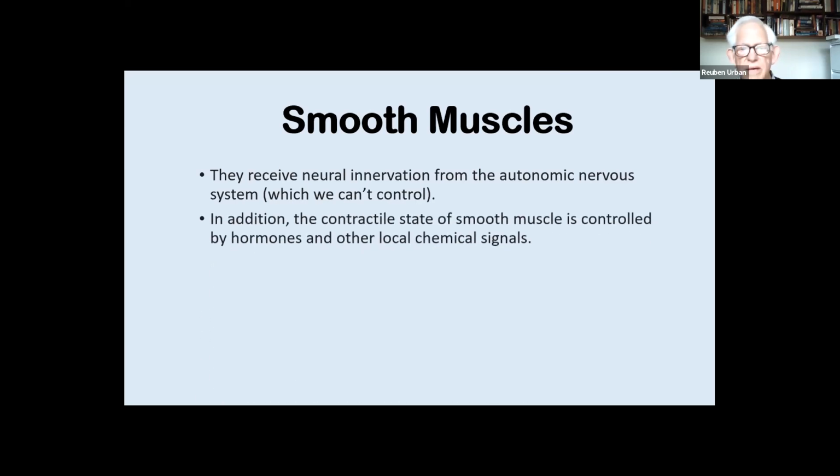We also have hormones that help contract smooth muscle, and then I just threw this last bit in about local chemical signals. There are signals in very small parts of the body which set off the contractions just locally.